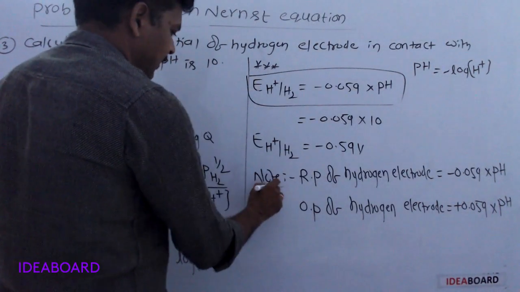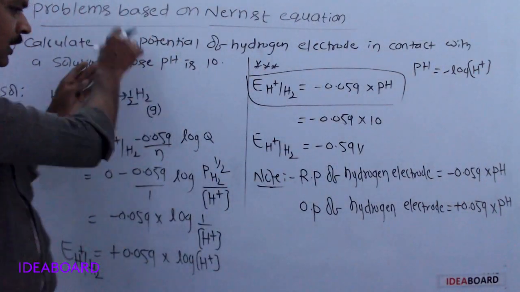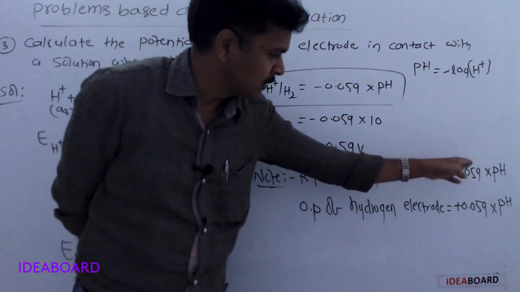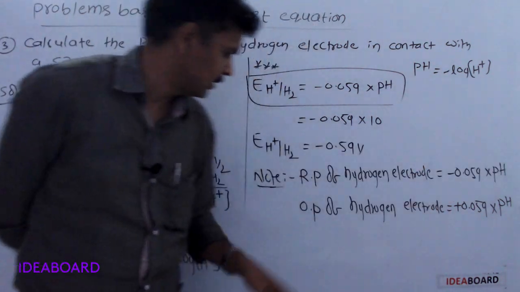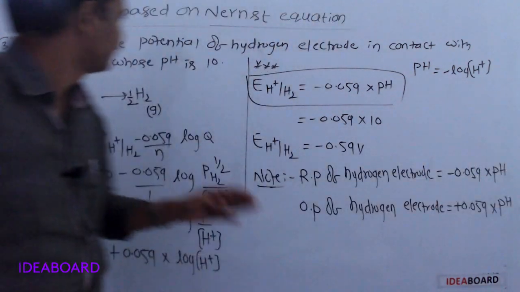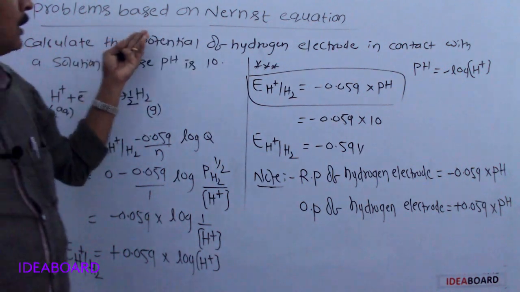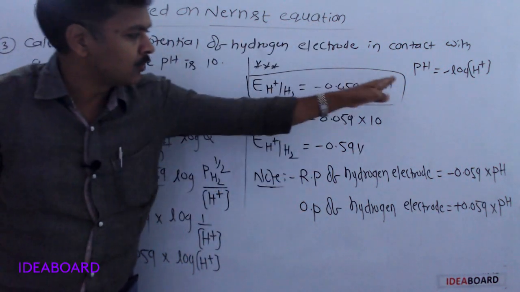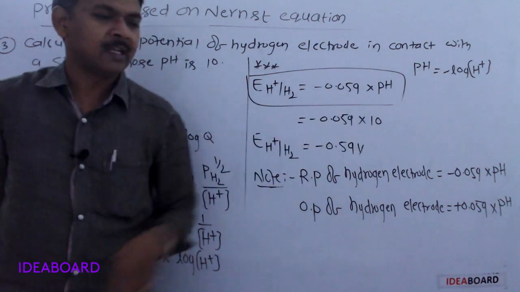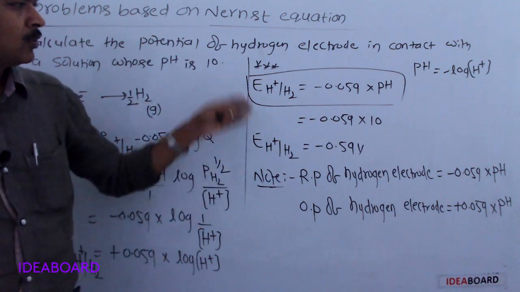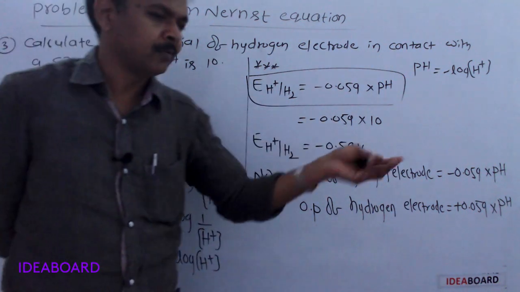We can use this formula directly instead of doing all this. So here, reduction potential is minus 0.059 into 10, minus 0.59. Then the oxidation potential of the hydrogen electrode is 0.059 into 10, 0.59 volts.